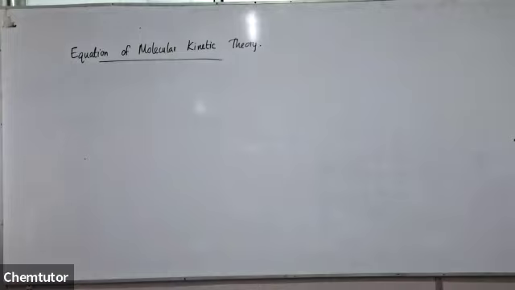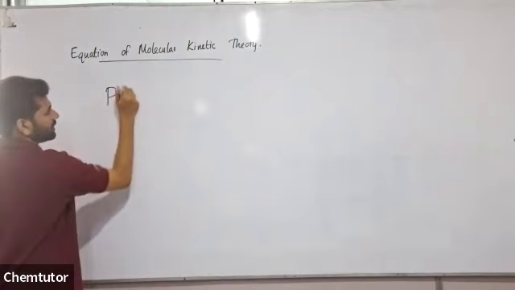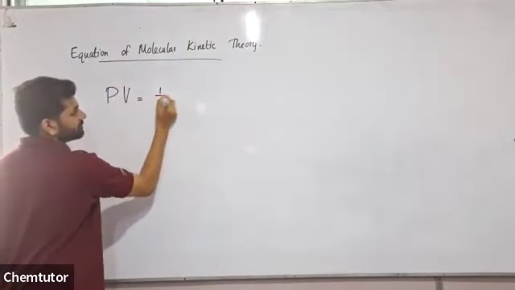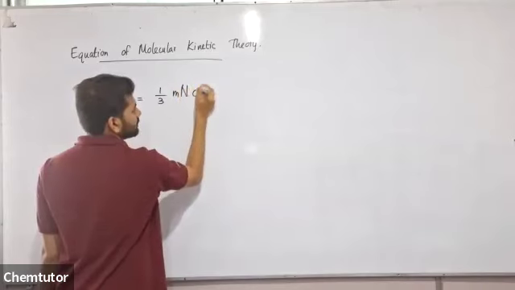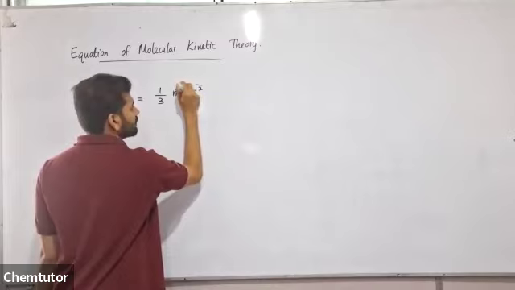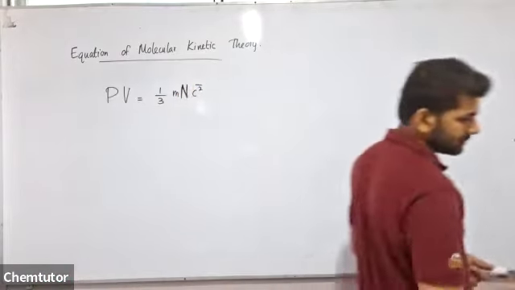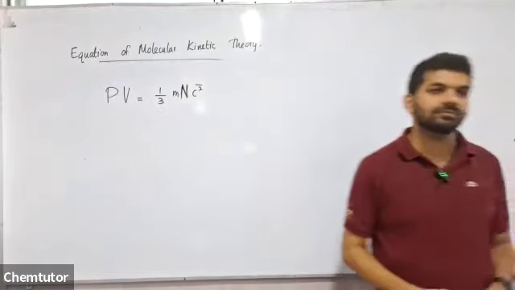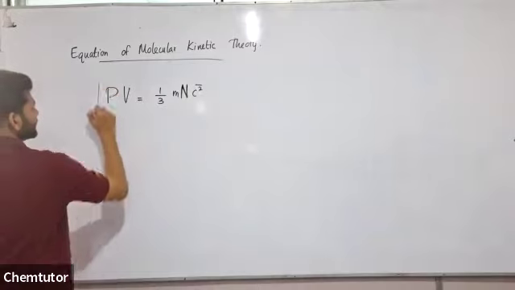Right. So here we have an equation, that is PV equals 1/3 mN c̄². Okay, this is the equation.